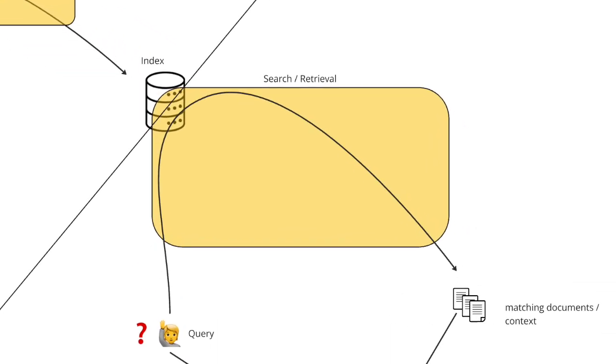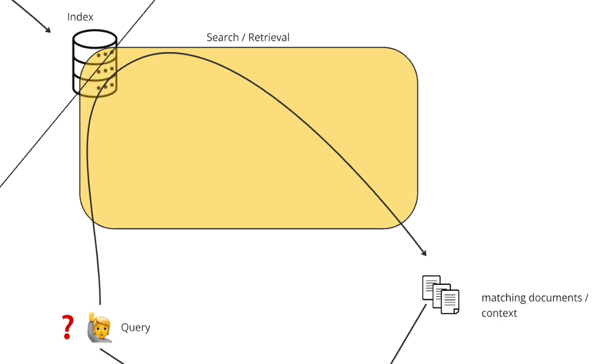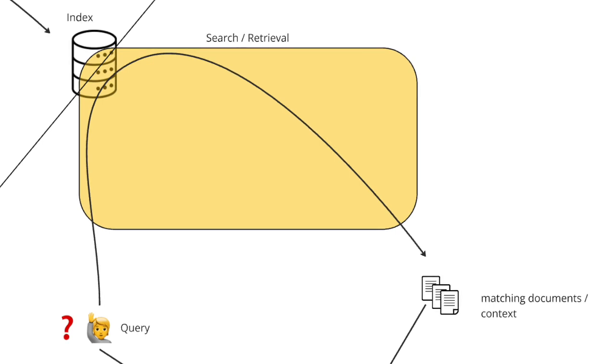During the application runtime, each transaction begins with the user entering a query to the application. The user's query is then used for search and retrieval from the index, and the application gets some matching documents from the index. These documents are called the context because they are the context for the LLM for generating the response to the user's query.